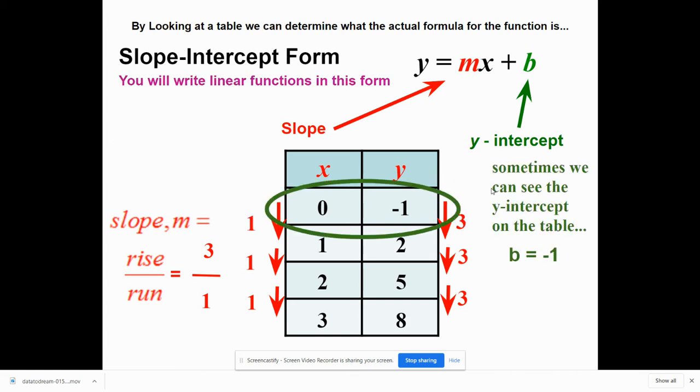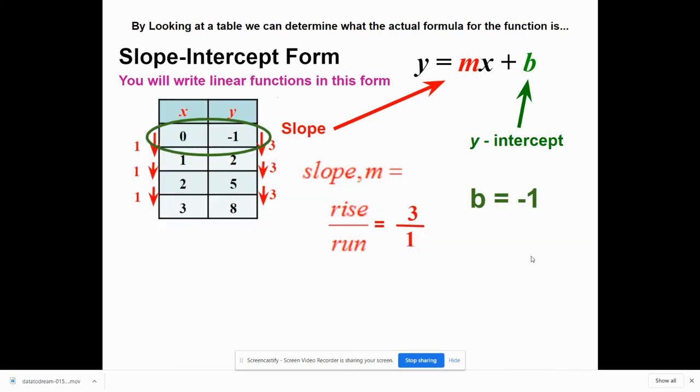Now for the y-intercept, wherever the x is 0 is the y-intercept. Okay, so in this case, we're lucky that it's right here in the table, and the y-intercept will be the number in the range column. So whatever number is under the y next to the 0, that is going to be your y-intercept. So the y-intercept is -1.